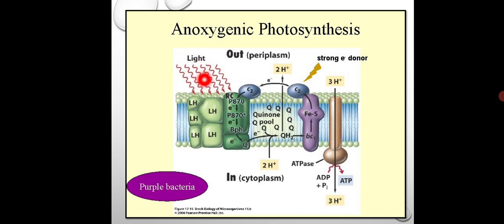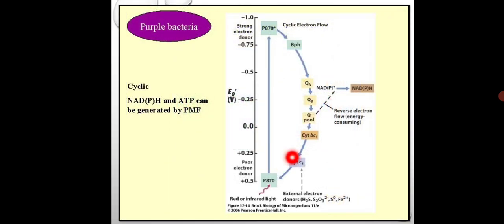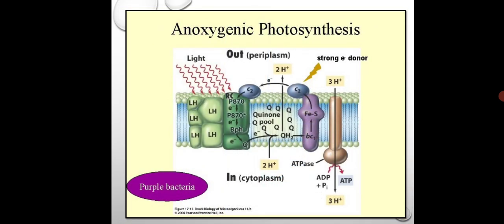By mistake I said that hydrogen sulfide is provided here, but hydrogen sulfide gets here because it is the strong electron donor. Here light is sufficient to excite it, and hydrogen sulfide can act as the strong electron donor, which can donate the electrons to these different components.